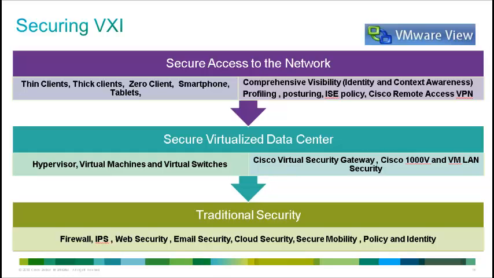So they have to pass through the traditional firewall, IPS, and all kinds of appliances from Cisco. Providing a systematic approach from a security perspective was very essential: first accessing the network, then going to the data center, and then eventually the traditional security turning on.